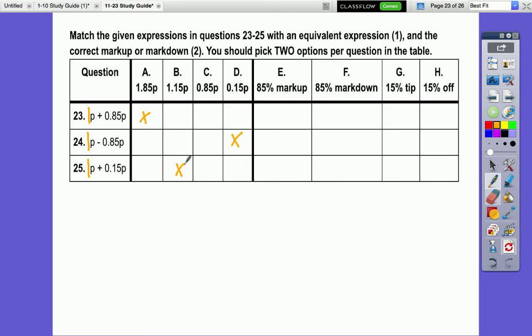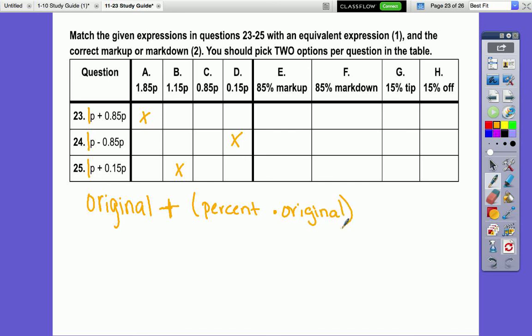Now, this is our original, and we know we've worked with things that say our original plus or minus the percent times the original.